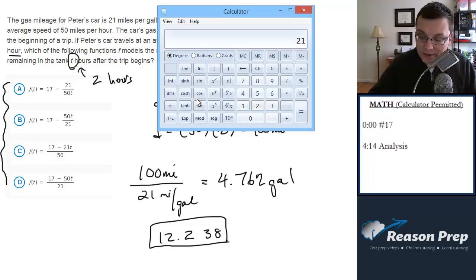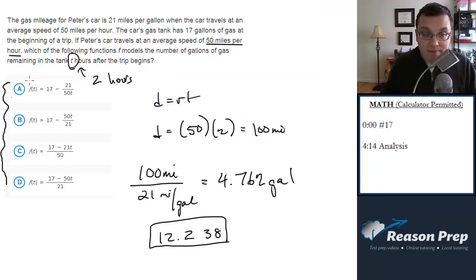So we're going to do 21 divided by, got to be careful with our parentheses here, 50. Actually, let's do this. 21 divided by parentheses 50 times 2, close parentheses. 0.21, no, that's way too small. We can get rid of A.